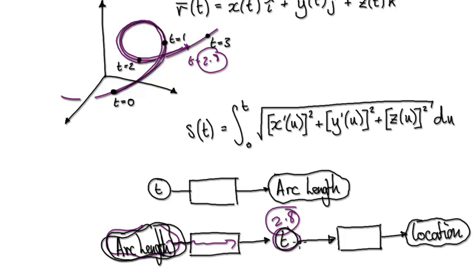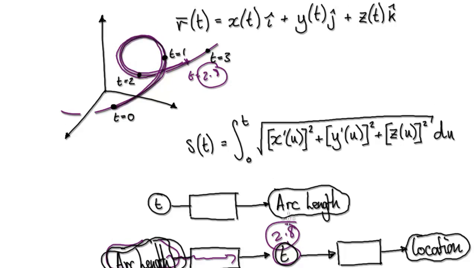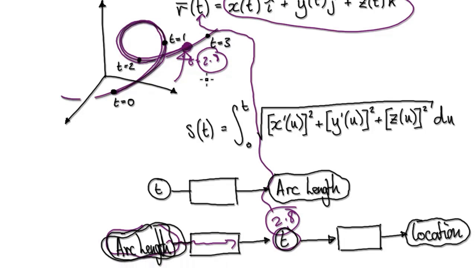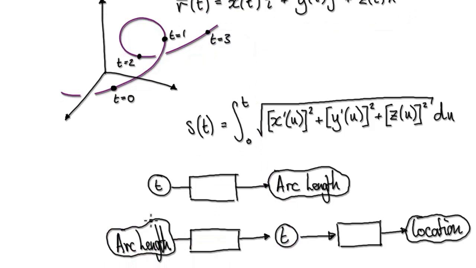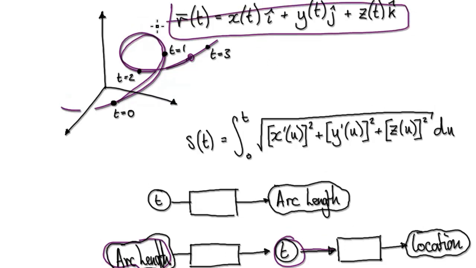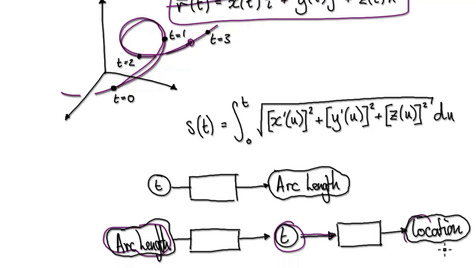And once we know the time, we can put it back into here to work out the position of the particle right at that moment in time. So the point here is that we can create a machine, a function, where we insert an arc length, work backwards to find out the time, and then once we've got the time, we can stick it back into here to find the location of the particle.